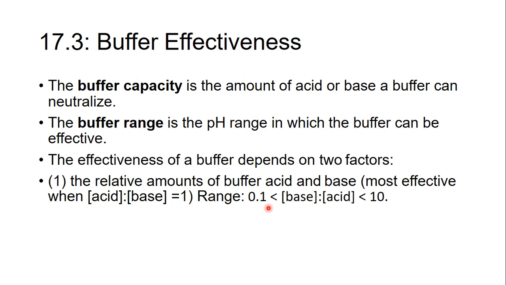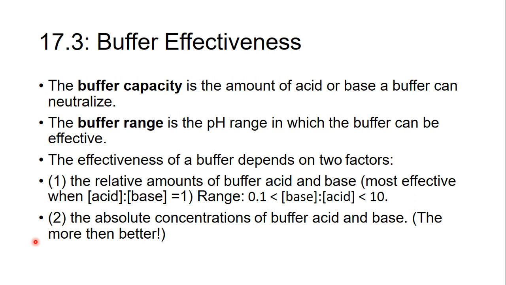Your acid base concentration for a buffer only works if you're between 0.1 and 10 molar, where your ratio is between that. And something else that can affect the effectiveness is how much acid and base you have, which makes sense. The more acid and conjugate base you have, the better you are at resisting pH, or the more acid and base you can neutralize.